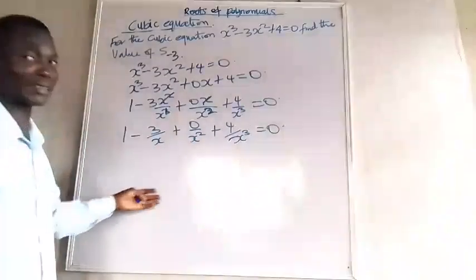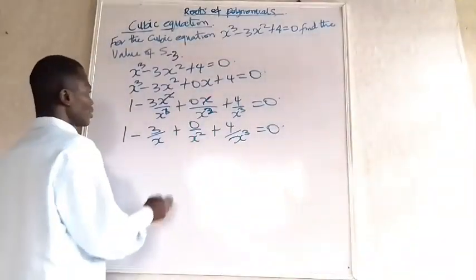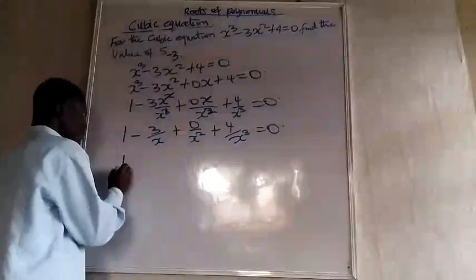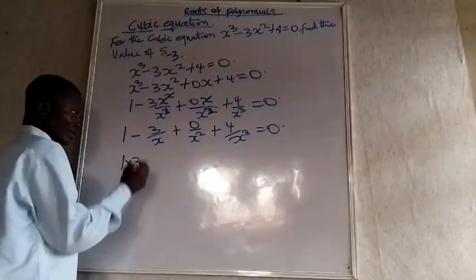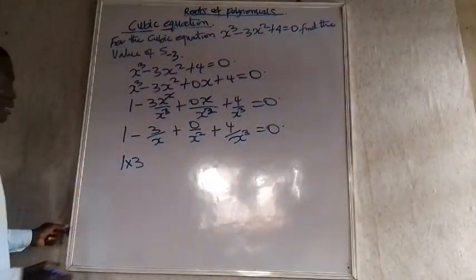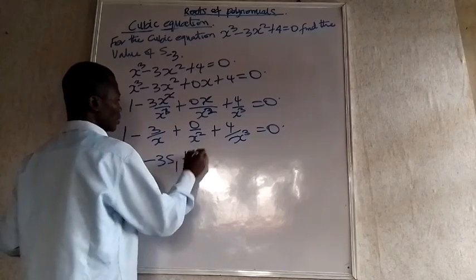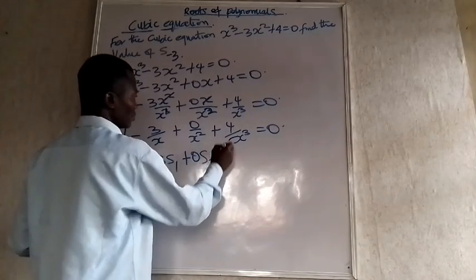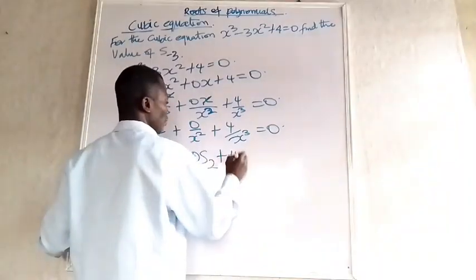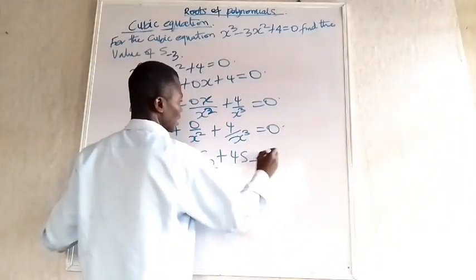Now, if we express this in terms of s, we are going to have 1 times 3, because this is the constant now, minus 3s1 plus 0s2 plus 4s minus 3 equals 0.